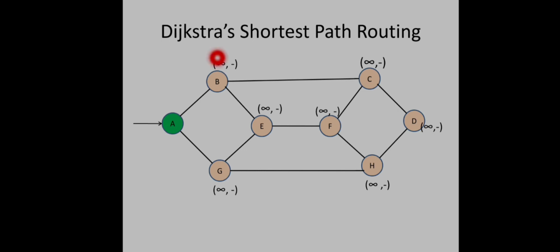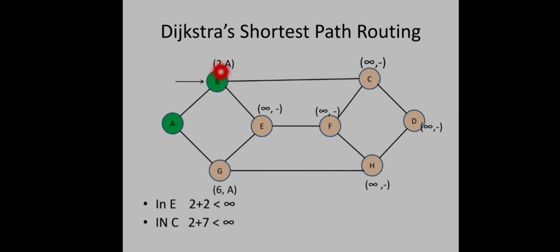When we relabel, it is a pair, right? We can see here two values. The first value is the distance from the source. The second one is the node from which this probe was made. So you can see here 2A. 2A means 2 is the distance from the source node and A is the node from which the probe was made.